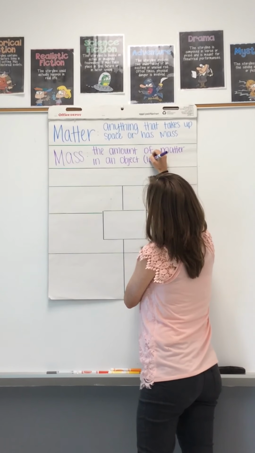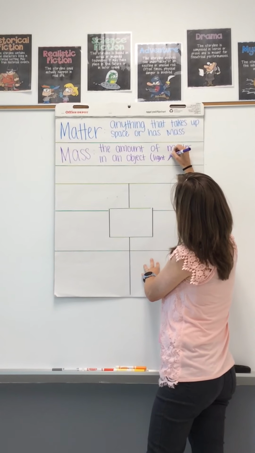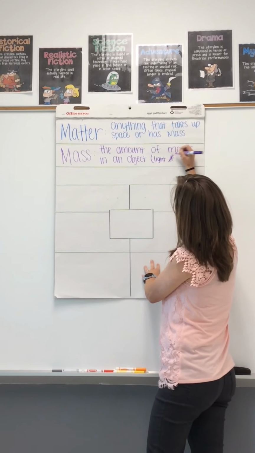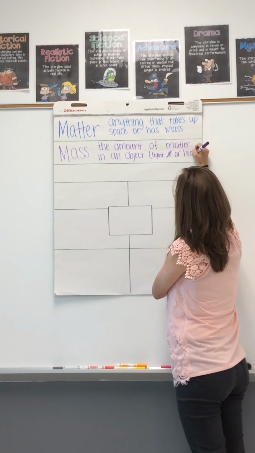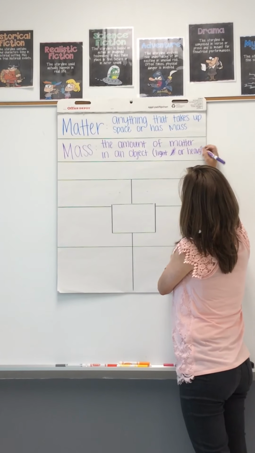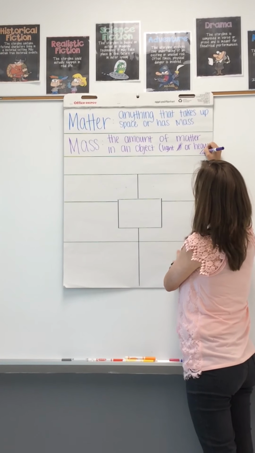This can be light, such as a feather, or heavy, like a weight. This is like a 10-pound weight.